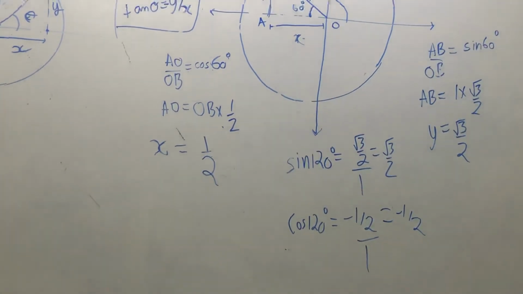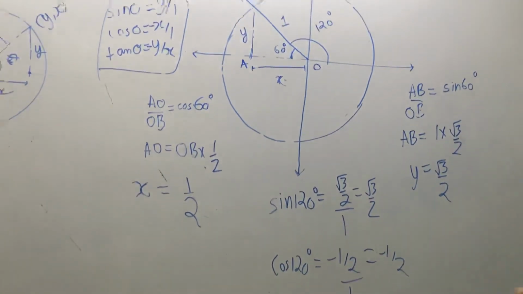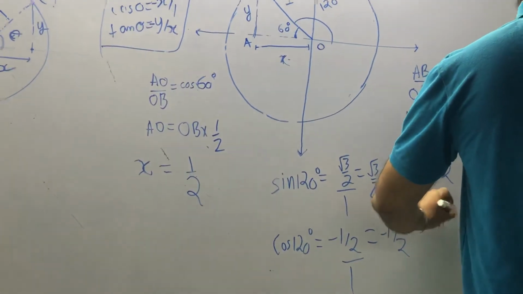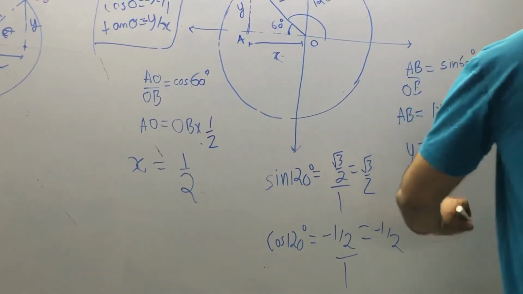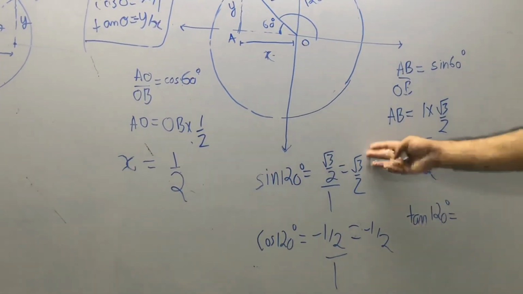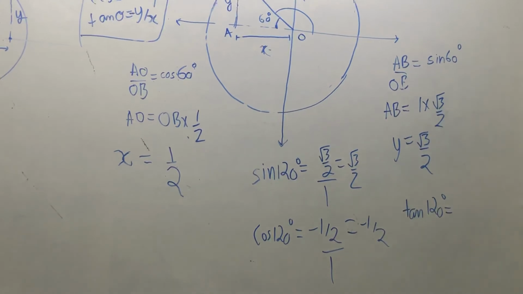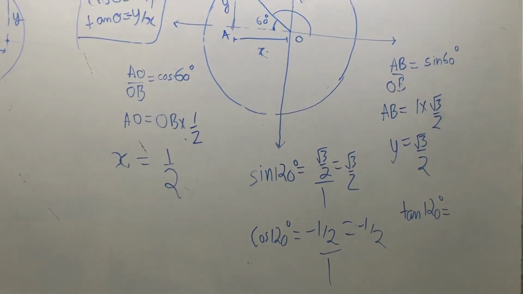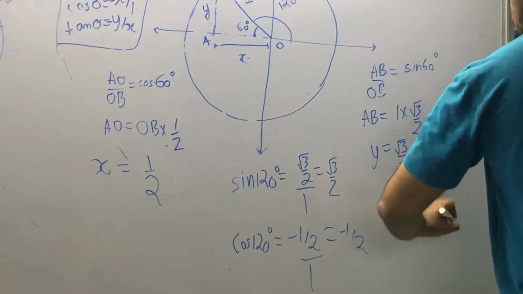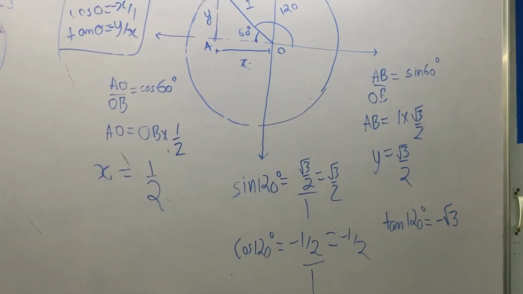And last but not the least is tan 120. So tan 120 will be how much? Minus y by x, or you can simply divide sin 120 upon cos 120. So this comes out to be minus root 3.